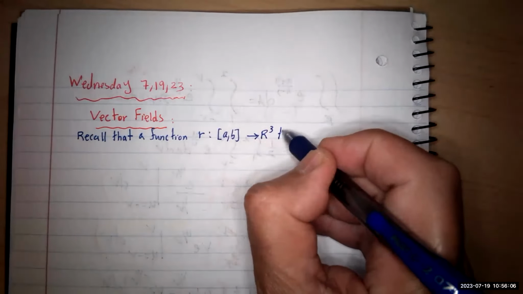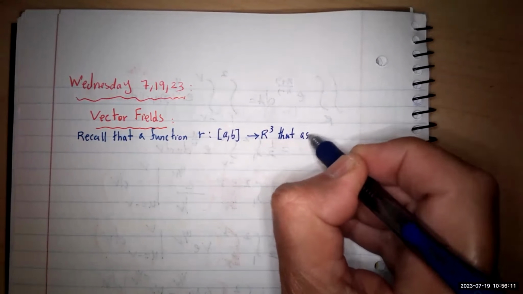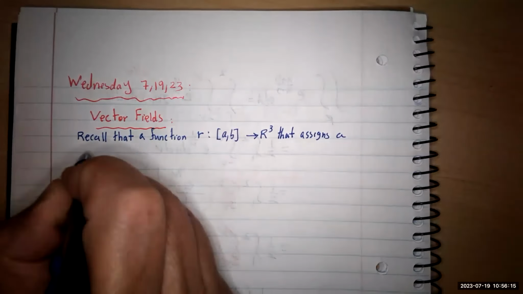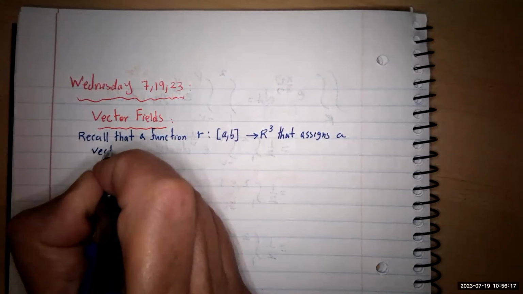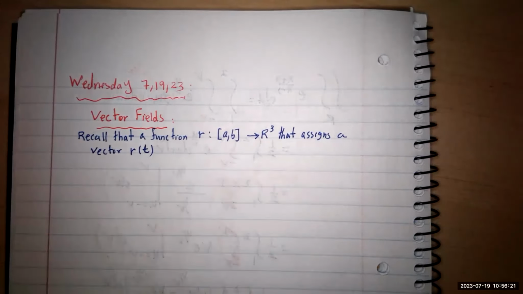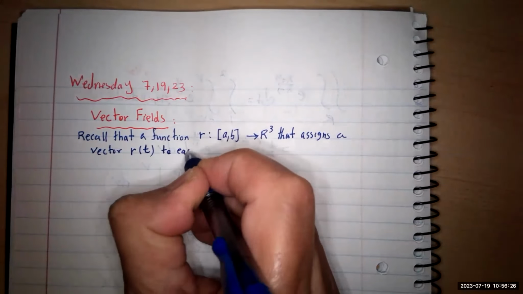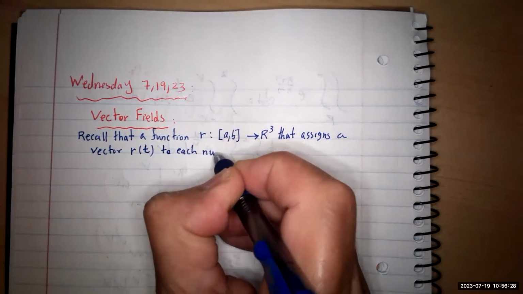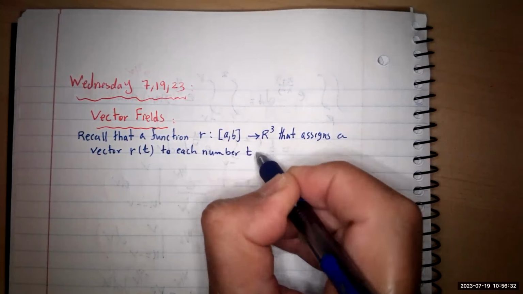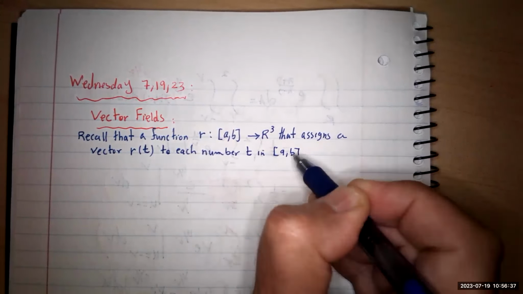That's a vector valued function that assigns a vector r of t to each number t, which is usually time, in the interval [a, b].